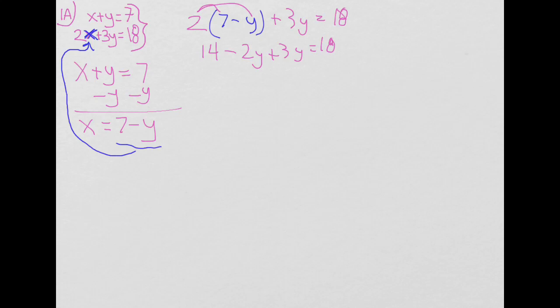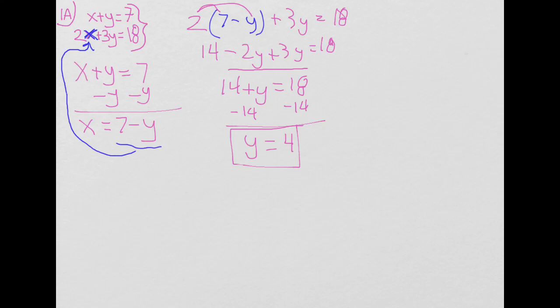Negative 2y plus 3y is the same as 3y minus 2y, which is just 1y. So I have 14 plus y equals 18, and I will subtract 14 from both sides to get y equals 18 minus 14, which is 4.